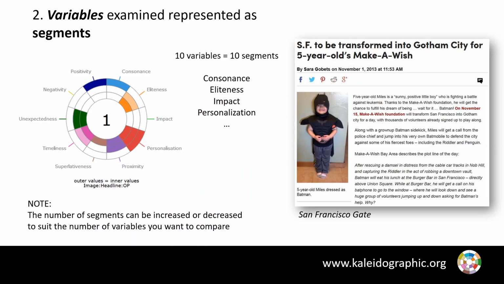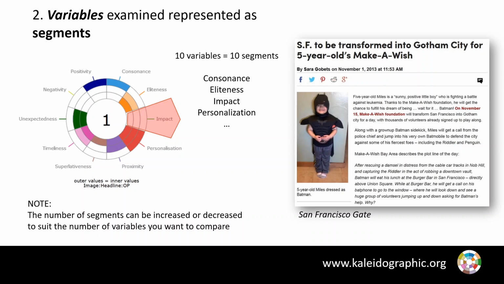So the second thing to understand in relation to this visualization tool is that the variables you are looking at will be represented as segments in the data visualization. So in our example of the news values analysis, we had 10 variables that we were looking at, so 10 different news values.